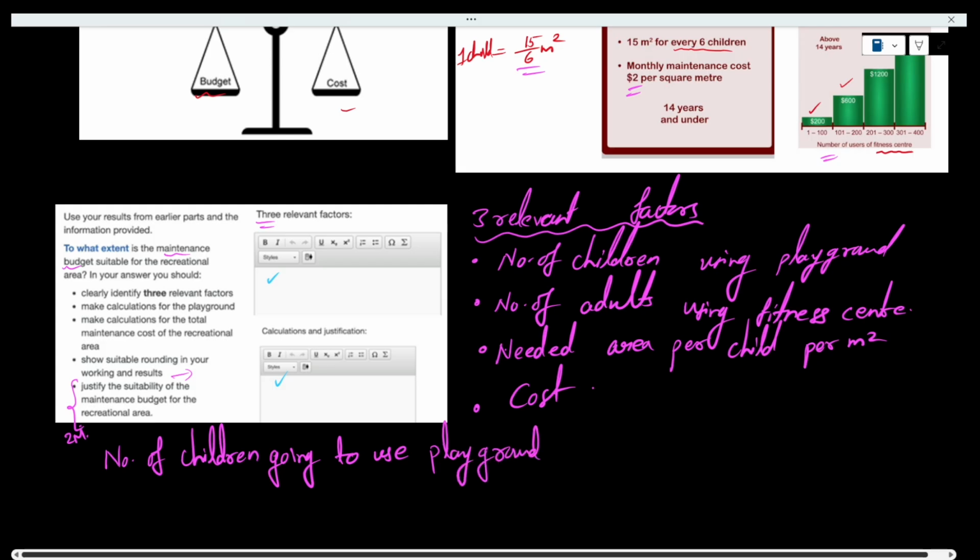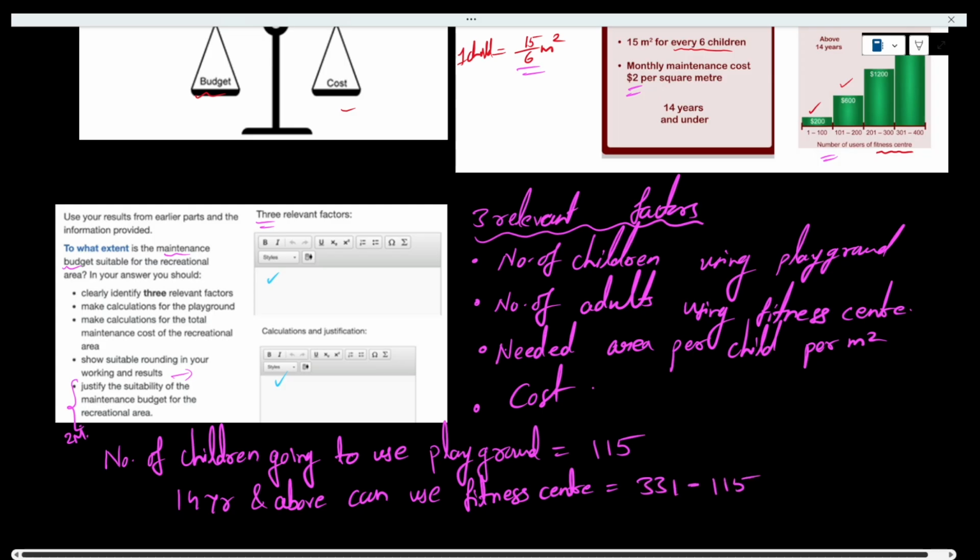So for the playground, it's 115. People 14 years and above can use the fitness center. It's going to be 331 minus 115, and we will get 216.